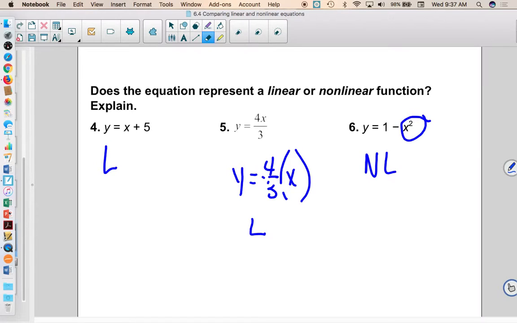X to the second power says that the square root would be a positive and a negative number. If x was 2, x squared would equal 4. If x was negative 2, it would also equal 4. Therefore, that x value could be a 2 or a negative 2. That's where you get the parabolas, like the one we saw a little while ago that looked like a V. So that one is nonlinear.